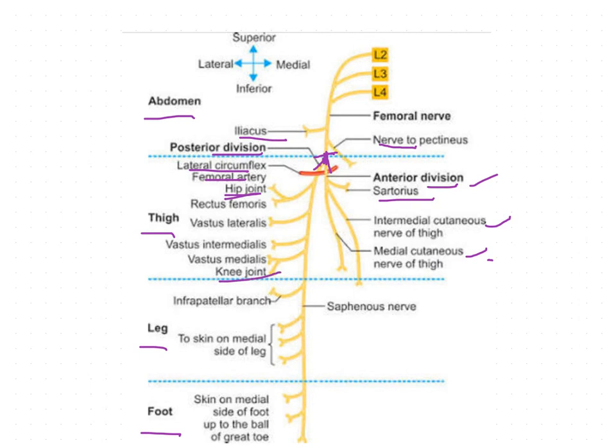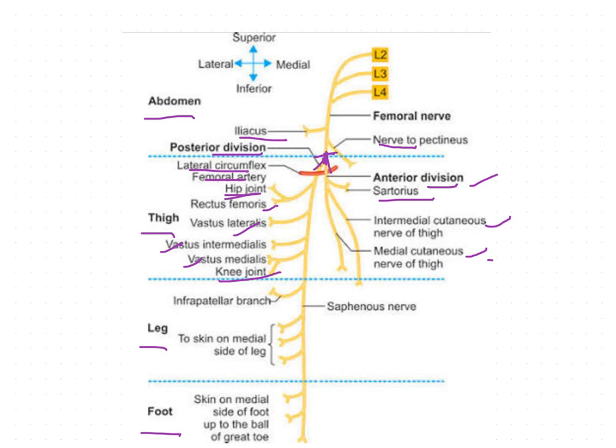These are the two articular branches. Now what are the muscular branches? It supplies the quadriceps femoris muscle, which includes rectus femoris, vastus lateralis, vastus intermedius and vastus medialis. All these muscles are supplied by this nerve.